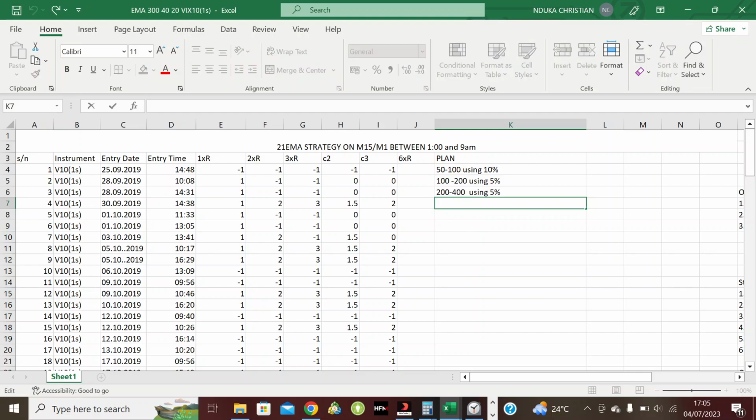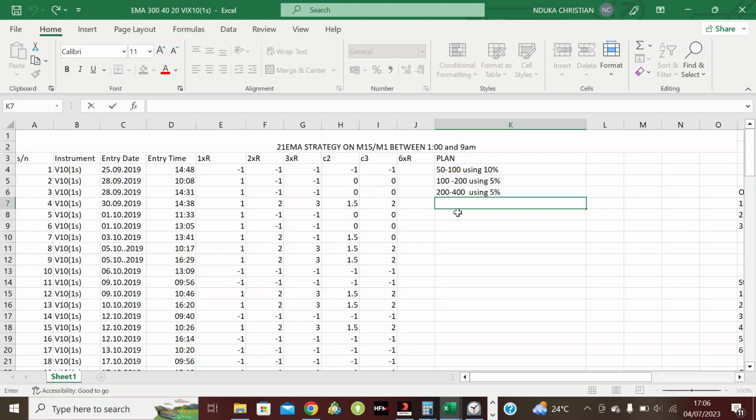So when it gets to 1,000, from there it will become easier. When it gets to 1,000, I'll be able to start risking higher. With $1,000 now, you can risk like $50 per trade, and easily you can make 2,000.